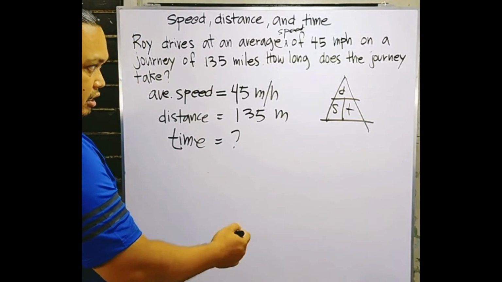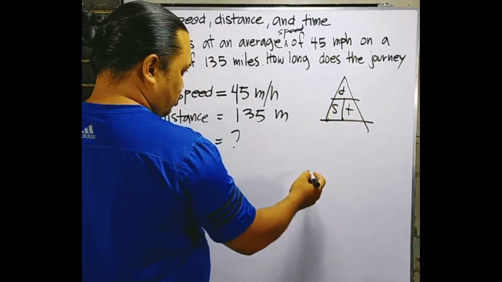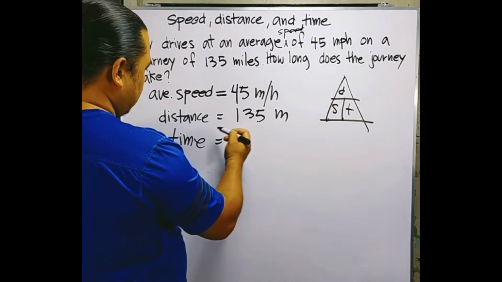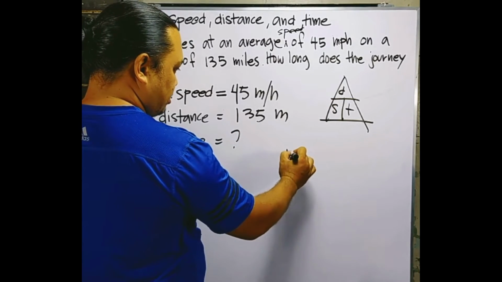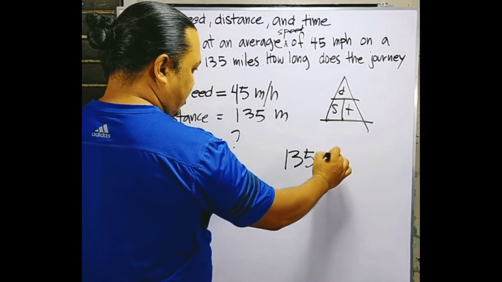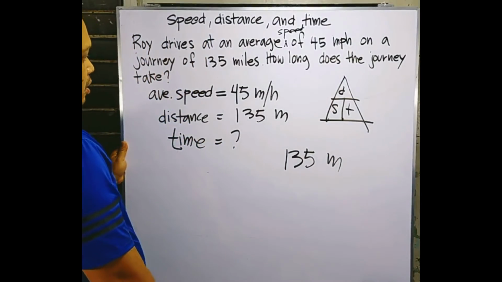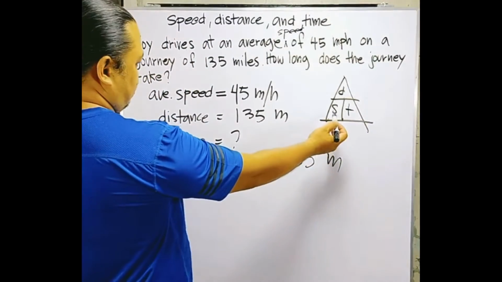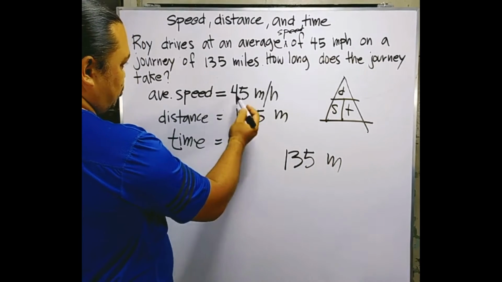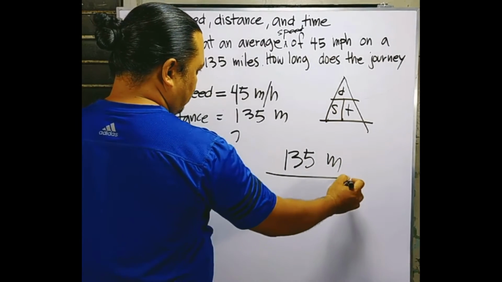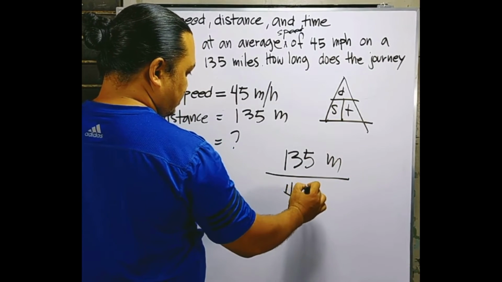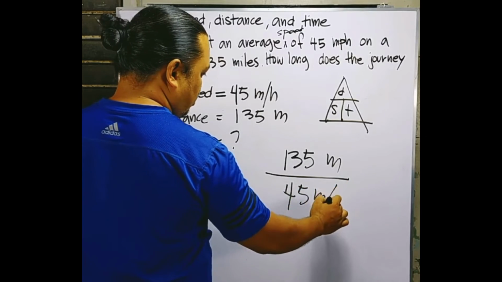So let's substitute. What's our distance? That's 135 miles. Our speed, the average speed, is 45 miles per hour.